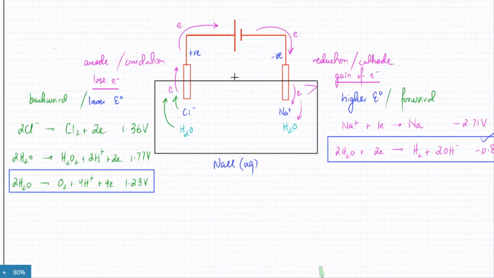in O-levels you had studied that if aqueous NaCl is concentrated, then chlorine is the one that is always discharged.